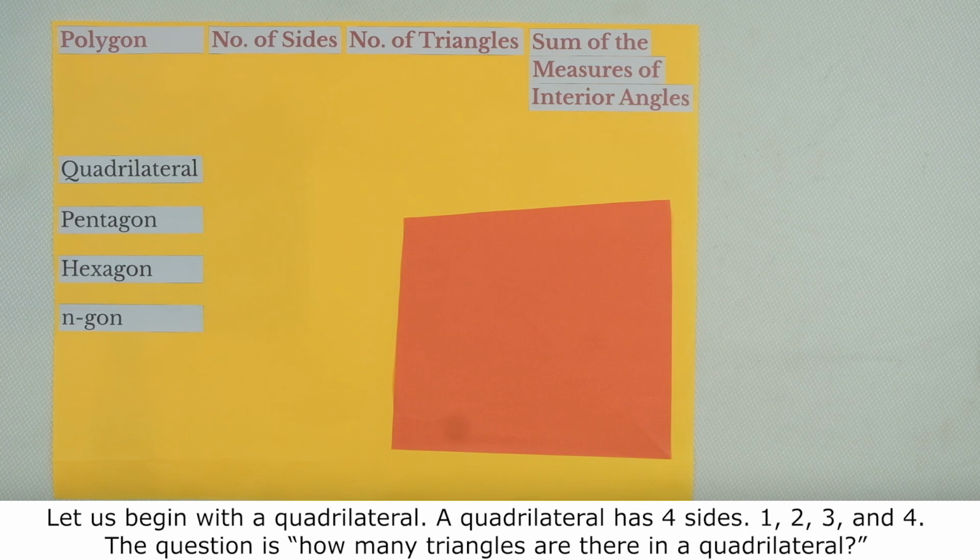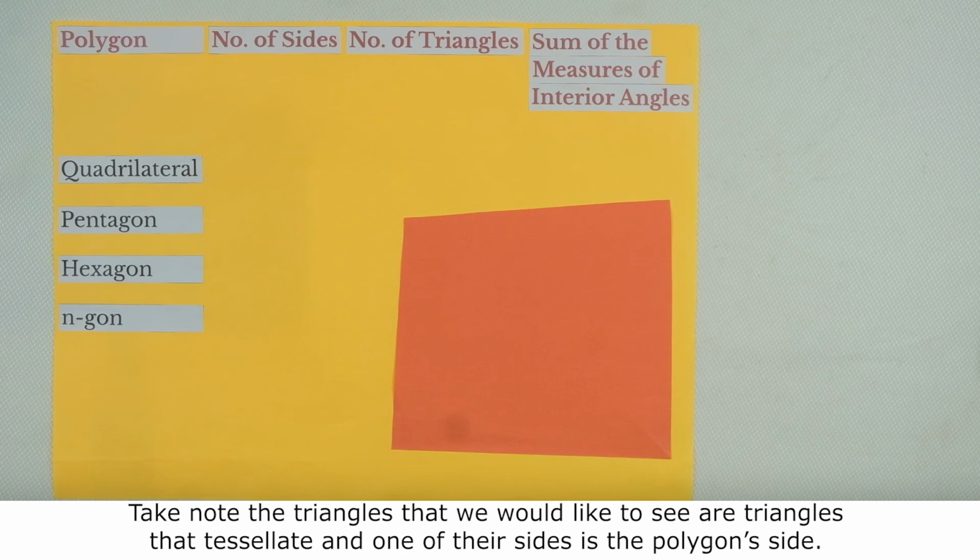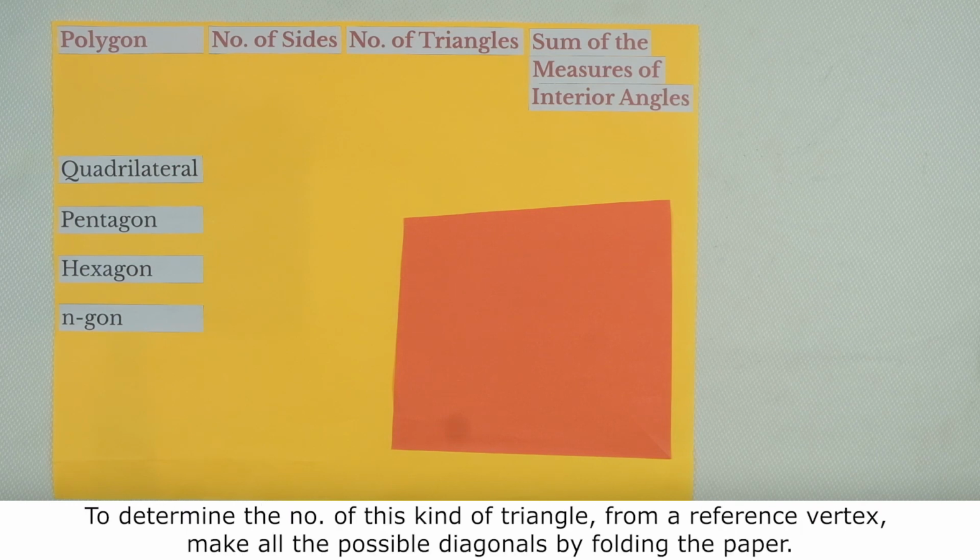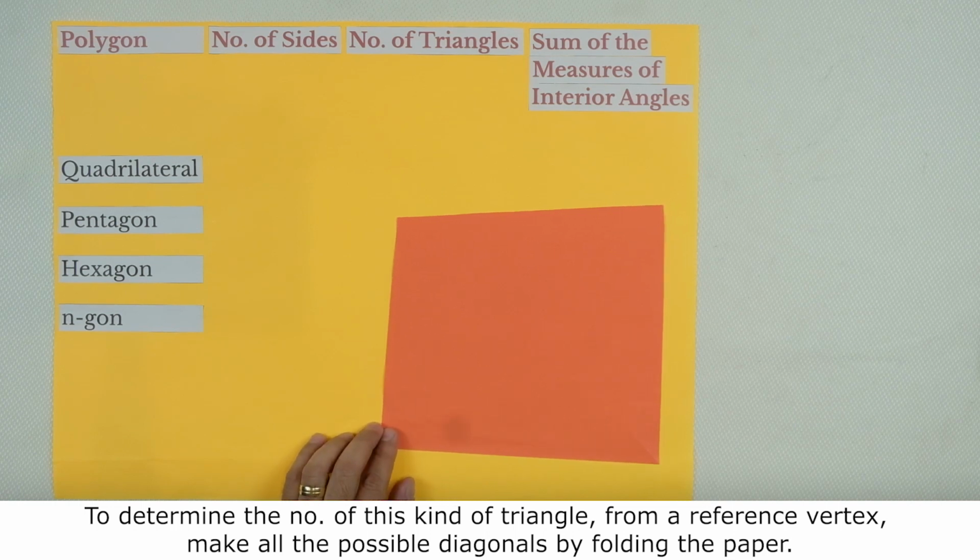The question is, how many triangles are there in a quadrilateral? Take note, the triangles that we would like to see are triangles that tessellate, and one of their sides is the polygon side. To determine the number of this kind of triangle, from a reference vertex, make all the possible diagonals by folding the paper.